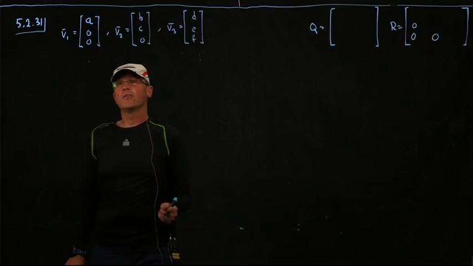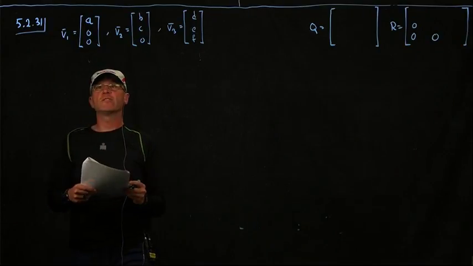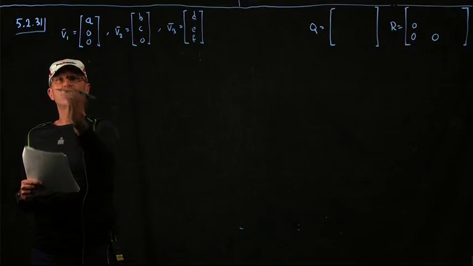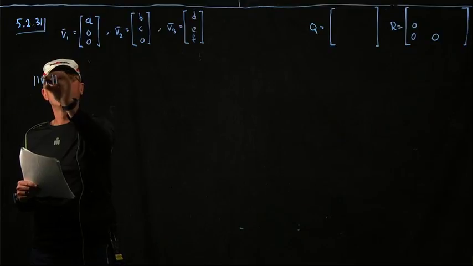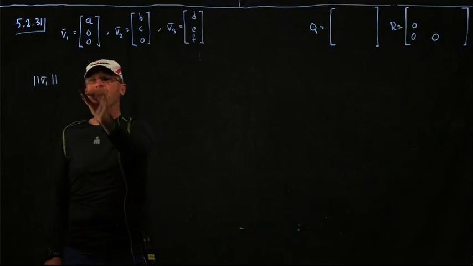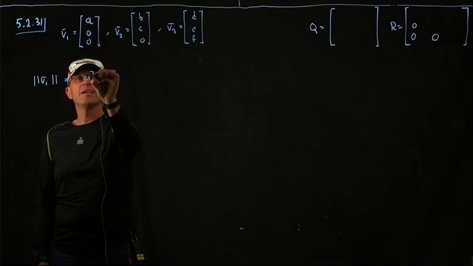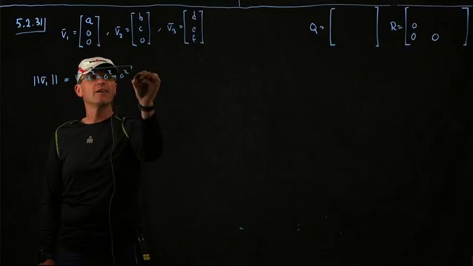Okay, so let's start out. I don't think we have any other assumptions on the coefficients. So the first thing we need is the length of V1. Formally, of course, that's a squared plus 0 squared plus 0 squared and the square root of that.